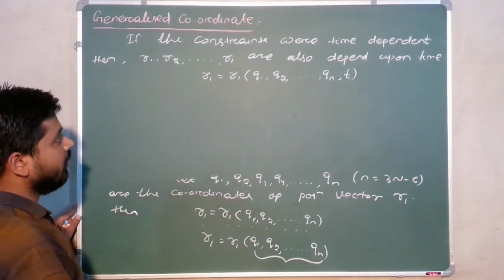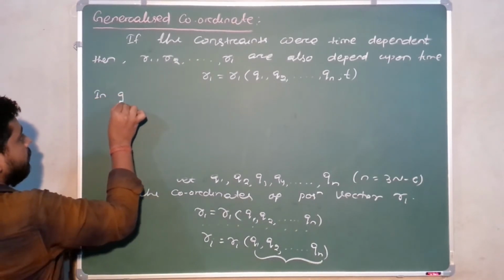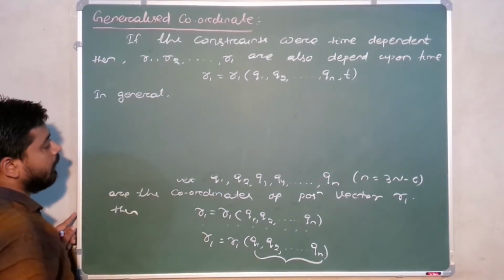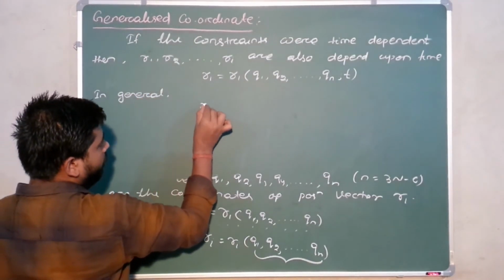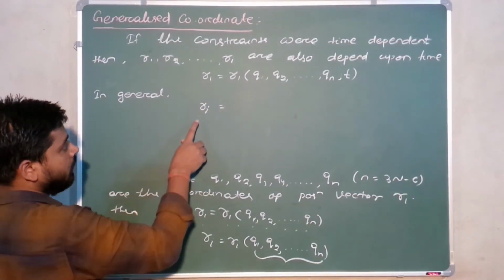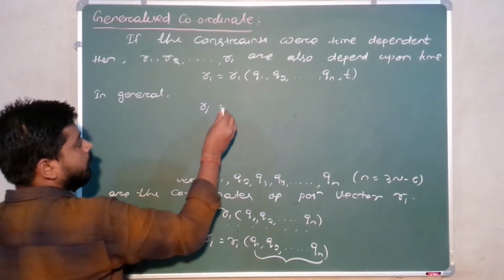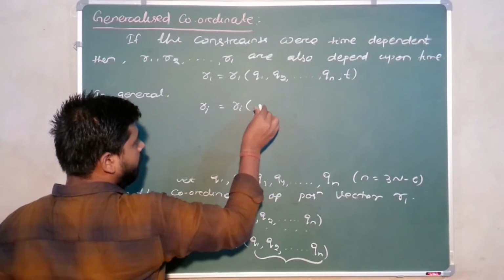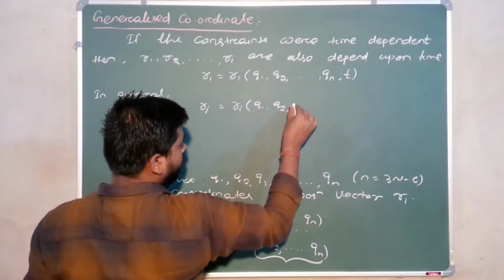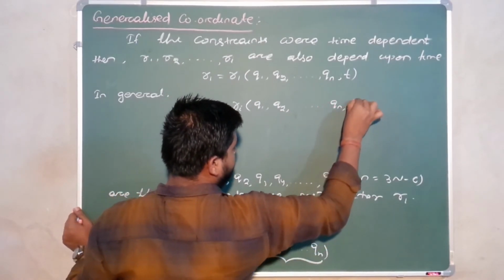Yes or no? If we write in general, how can I write this? In place of 1, just write i. ri, that is the position coordinate of the ith point mass, is a function of q1, q2 up to qn, and the extra term t.